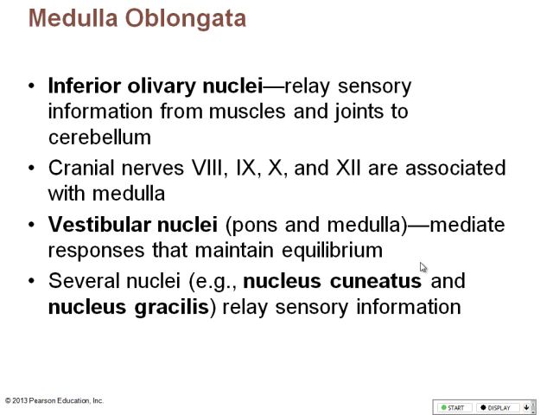We have nuclei that are going to help us maintain equilibrium connected to some of these cranial nerves. When we talk about the inner ear next semester, we're going to talk about cranial nerve 8, the vestibulocochlear cranial nerve 8, which has two branches, the vestibular branch and the cochlear branch.